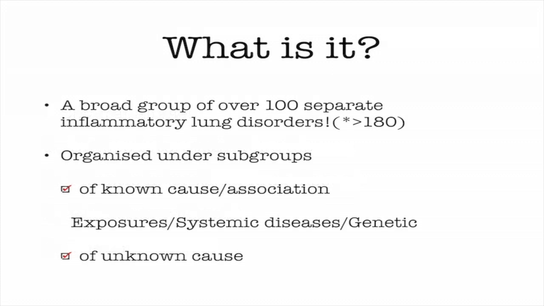And like William earlier said, now I'm learning that there are over 200, but it's a broad group of several hundred inflammatory lung disorders. We can organize it under several subgroups, depending on whether the cause is known, there is an unknown association, or we do not know any cause at all.